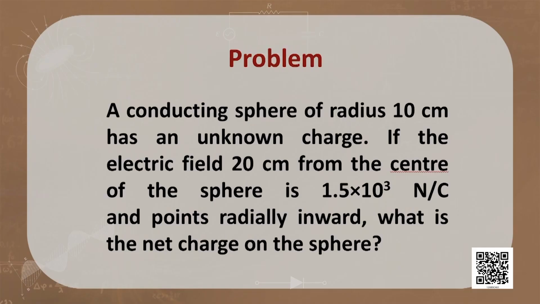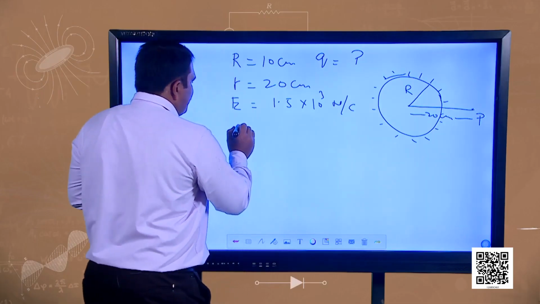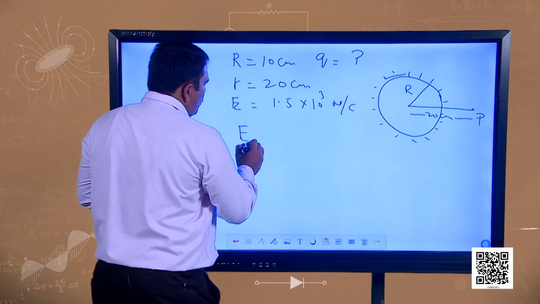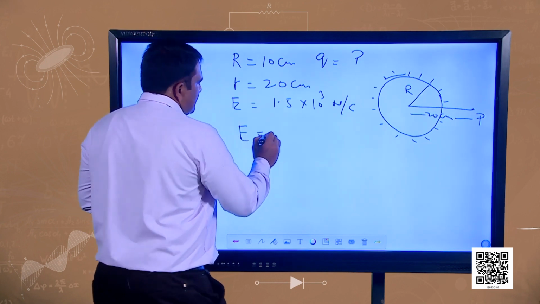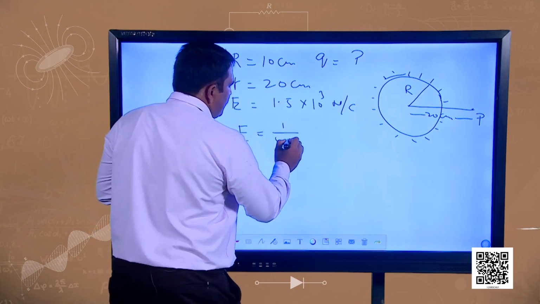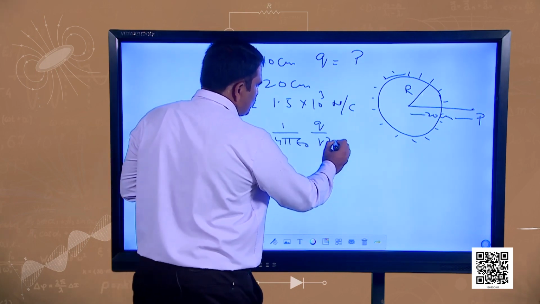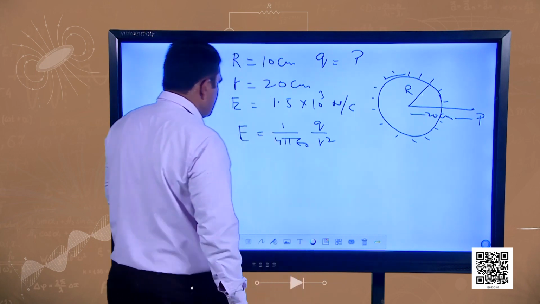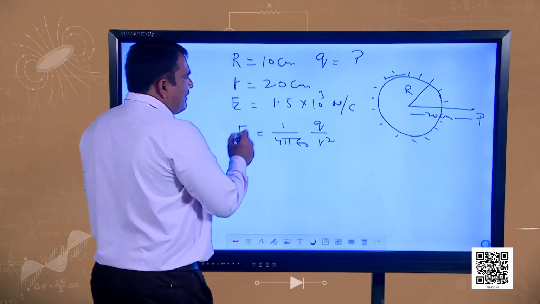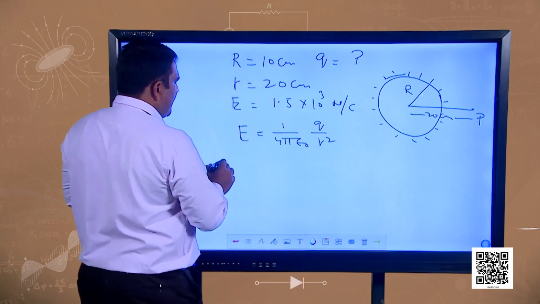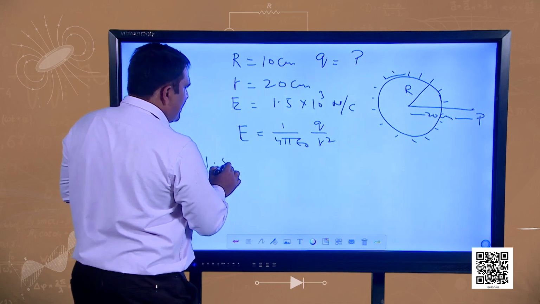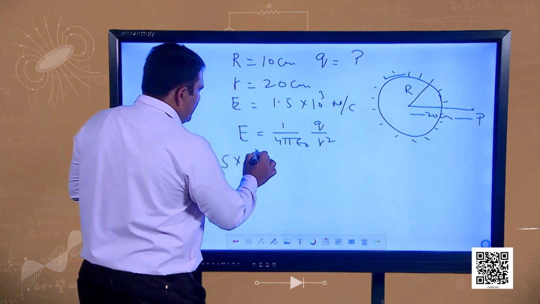Now, you have to find the amount of charge on the surface of this sphere. Now, we know that electric field at any point outside is given by the formula 1 by 4 pi epsilon naught q by r square. By putting the values, you are given the value of electric field, which is 1.5 into 10 to the power 3.